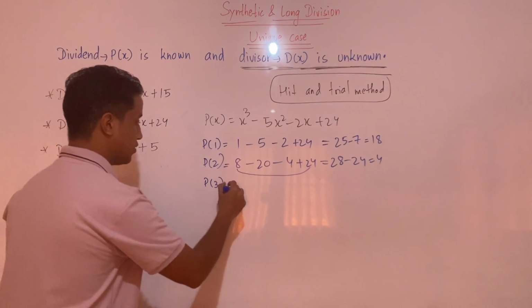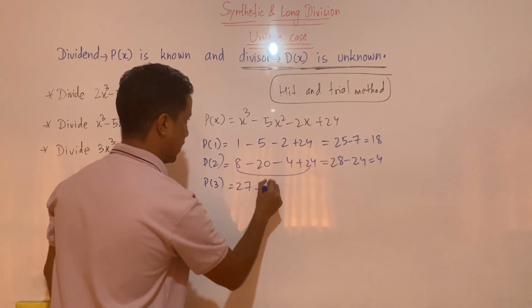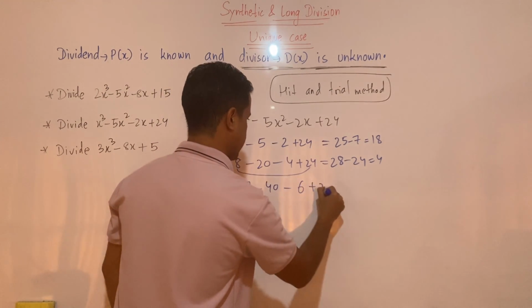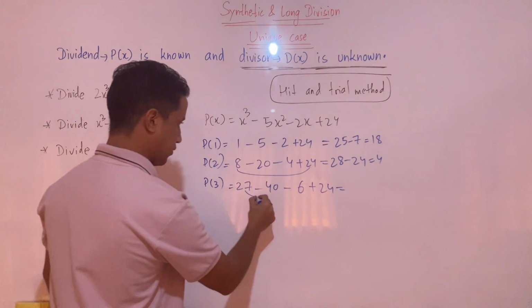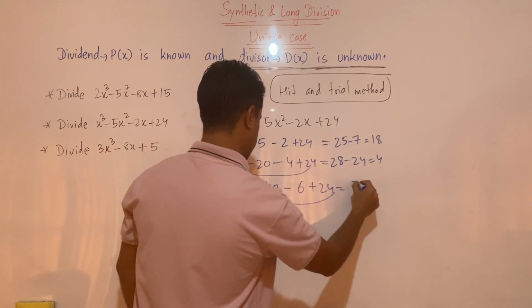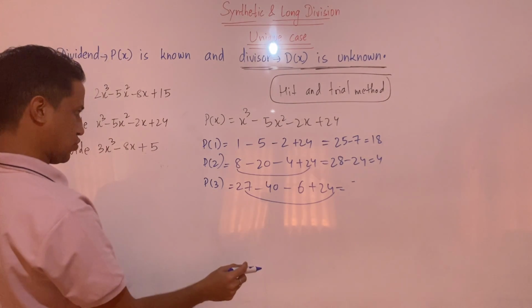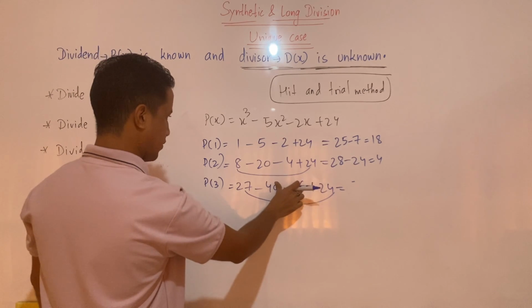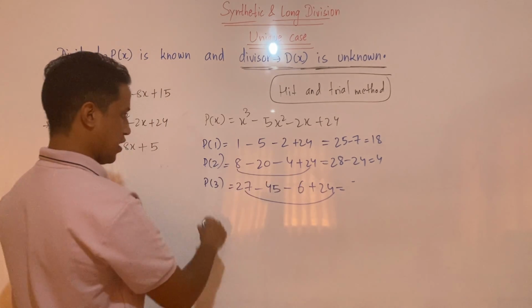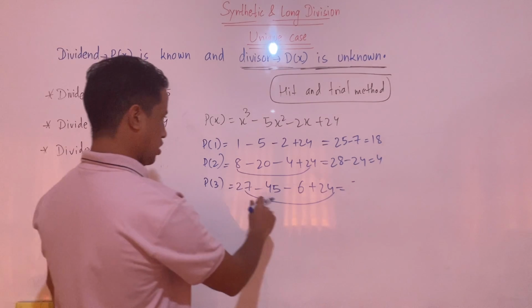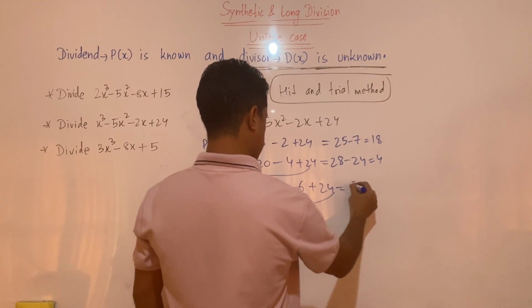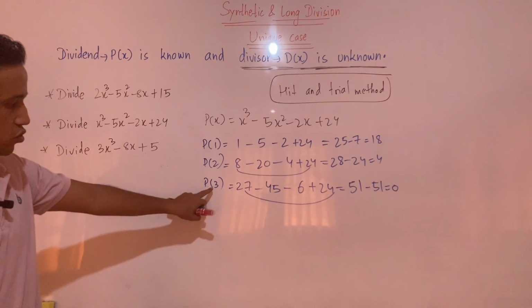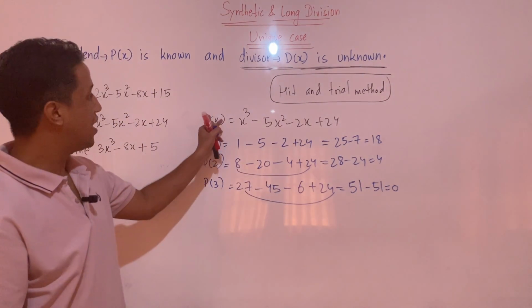So here 27 minus 9 times 5, 45, minus 2 times 3, 6, plus 24. So this is going to be 51 minus 51, 0.